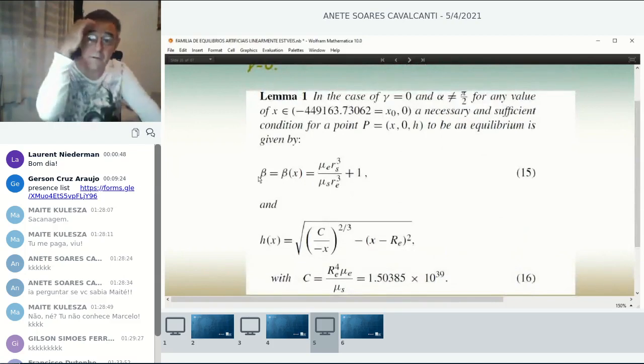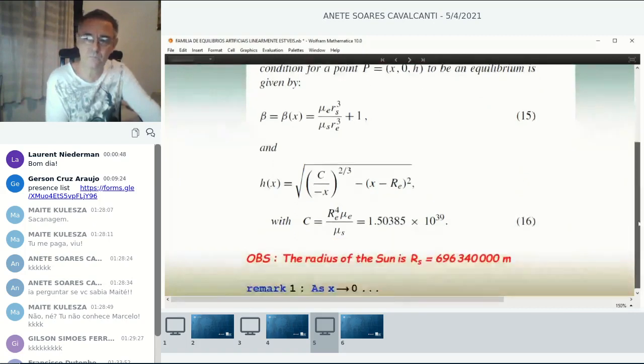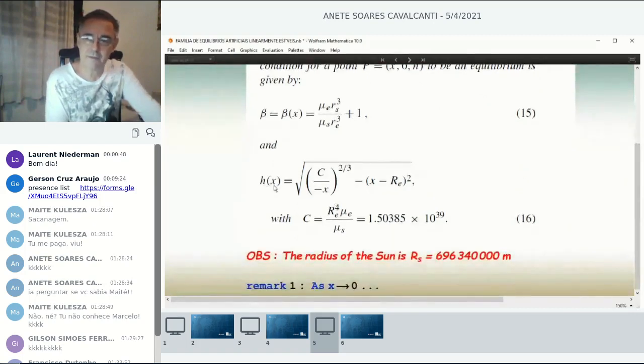The necessary and sufficient condition is that beta, the sail parameter, satisfies this relation here. And of course, as I have said, h is given by this expression.